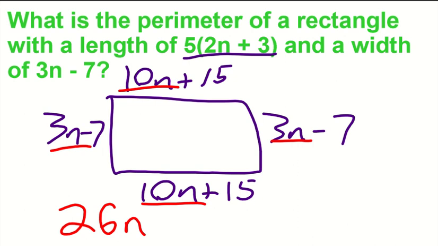So we got plus 15, that's 30, minus 7 is 23, minus 7 again, brings you still to a plus 16. So we'd have 26n plus 16. Any questions?